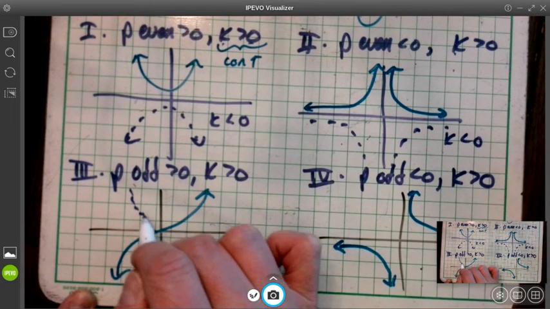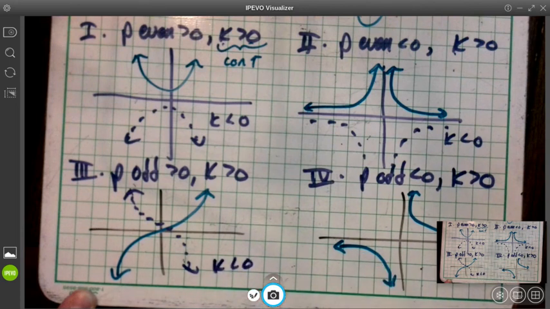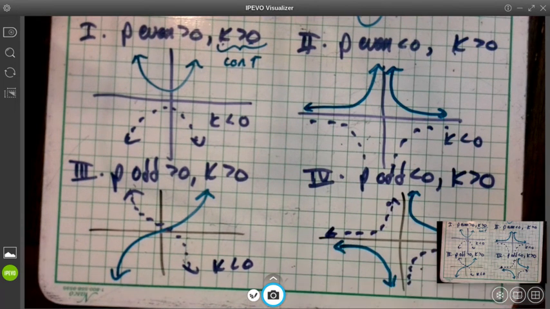Okay? So that's what these are going to look like. I'll do them dotted. And then that's going to look like this, and then this guy's going to look like that. So the basic transformations, counting boxes thing that we've been working on all year long.